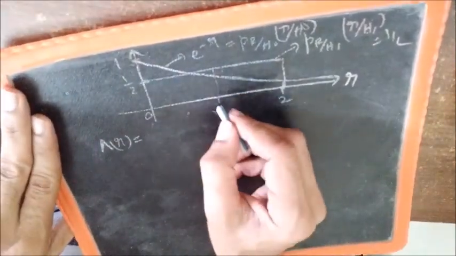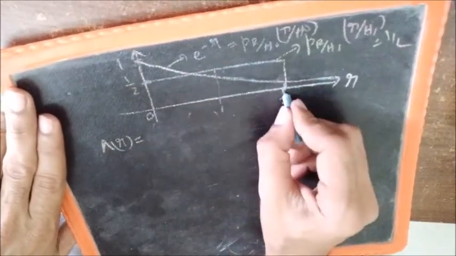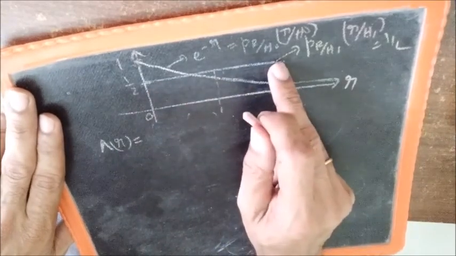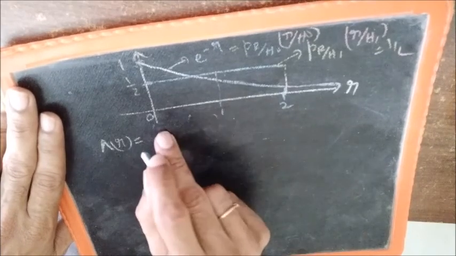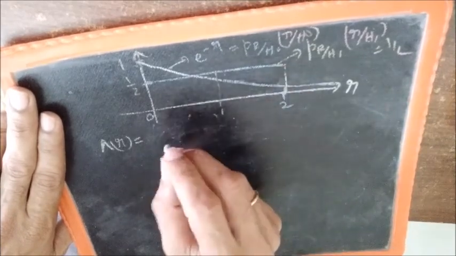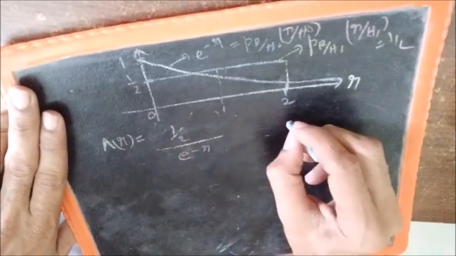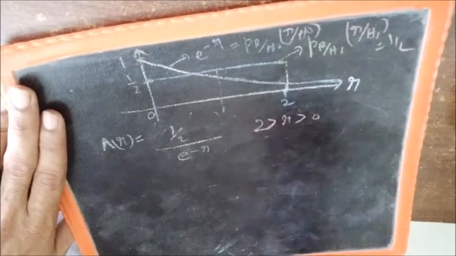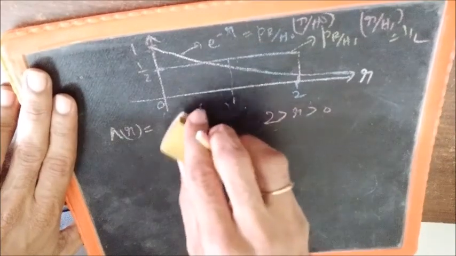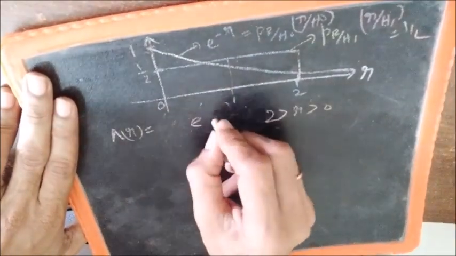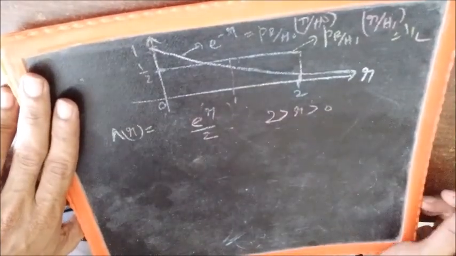From 0 to 2, p(r|H1) remains as 1/2, and p(r|H0) is e raised to minus r. So the division p(r|H1) by p(r|H0) will be 1/2 divided by e raised to minus r for r from 0 to 2. This means it is equal to e raised to r by 2 for r from 0 to 2.